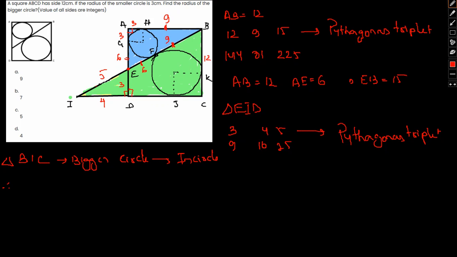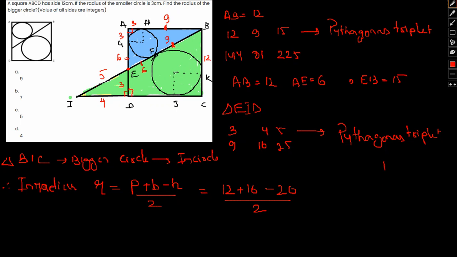So therefore, the in radius R for a right angle triangle can be given as perpendicular plus base minus hypotenuse by 2. Okay, so this is the formula that we have. So in this regard, perpendicular is 12, base being 16, hypotenuse is 20, by 2. Why?